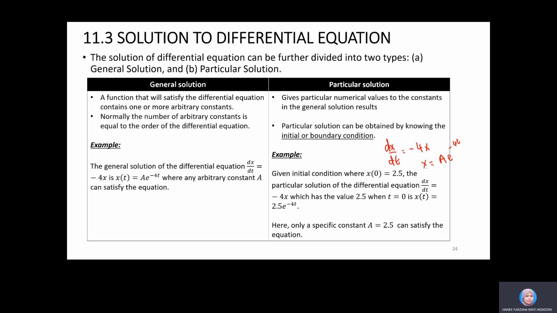You can get the value of a if you are given that when t equals 0, x equals 2.5. So x as a function of t is this. When t equals 0, x is 2.5, then you can work out the value of a, and you find that a equals 2.5. Thus, the particular solution is x equals 2.5 times e to the minus 4t for this particular condition.